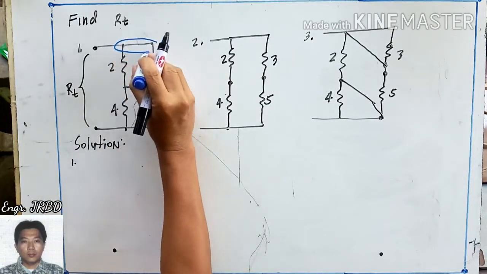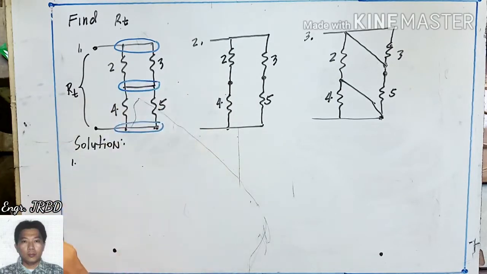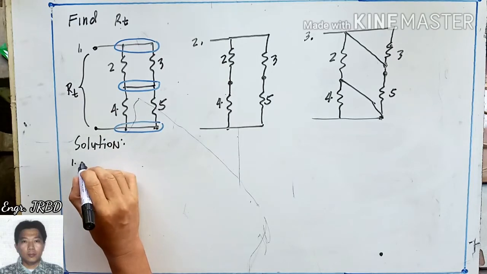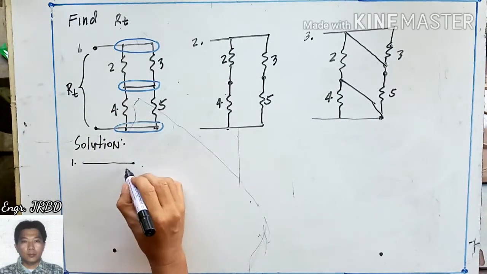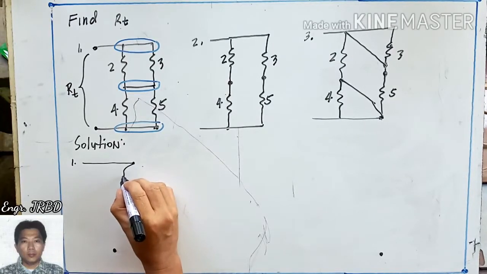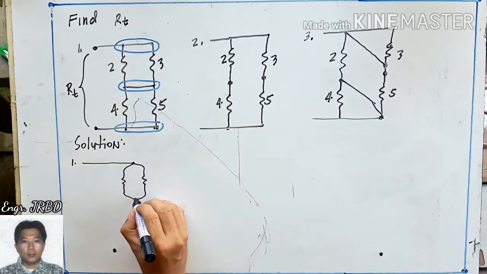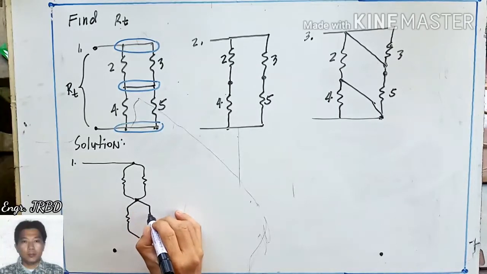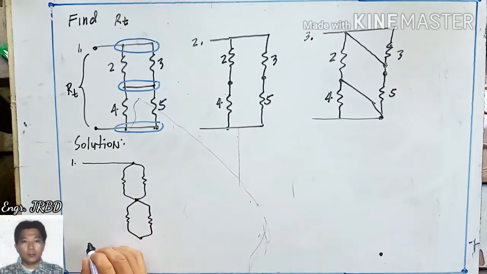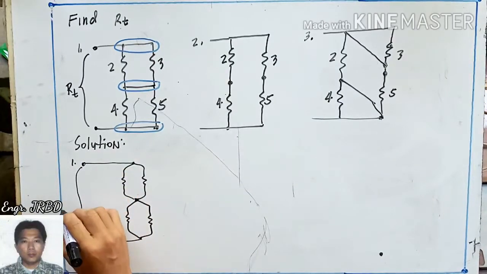You try to compress these parts as well as this one, so that it will look like this. Okay, so this is our total resistance.